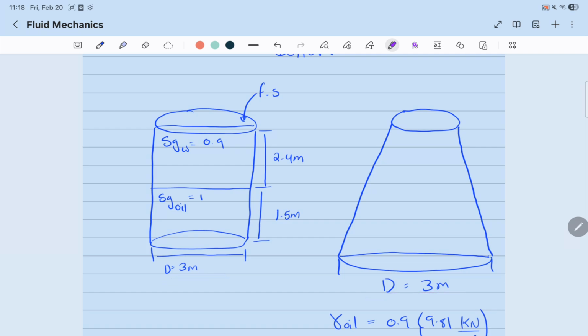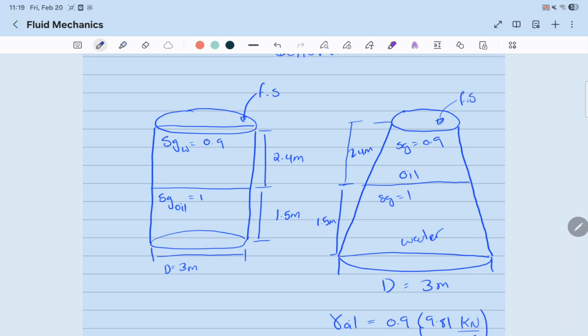I'm trying to keep it relative. And we'll assume that the heights are also similar. So this is 1.5 meters, and this here is 2.4 meters. On the top is oil with an SG of 0.9, the same as the first example. And here we have water, its SG of 1. And the top is open to the free surface.